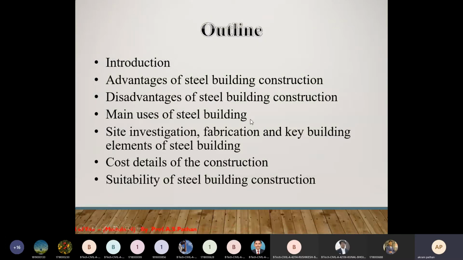Then main uses of the steel building. Then we have the site investigation, fabrication and key building elements of steel buildings. Then the cost details of the constructions and then suitability of steel building constructions. So this is the outline of today's learning.